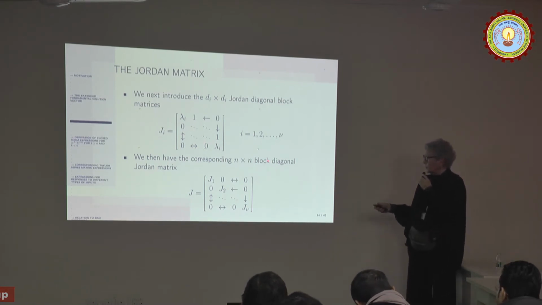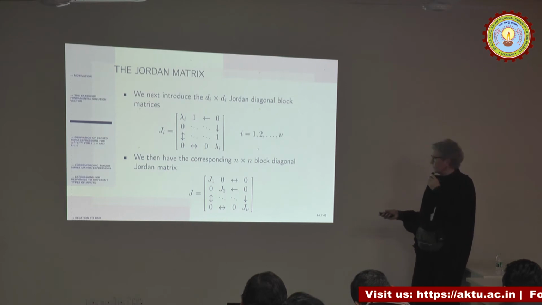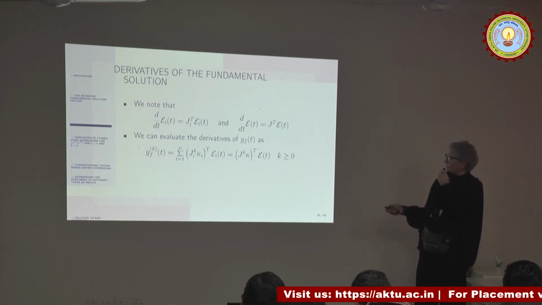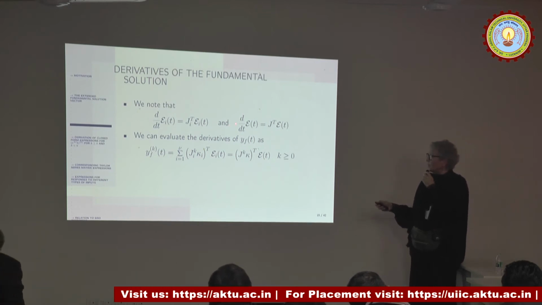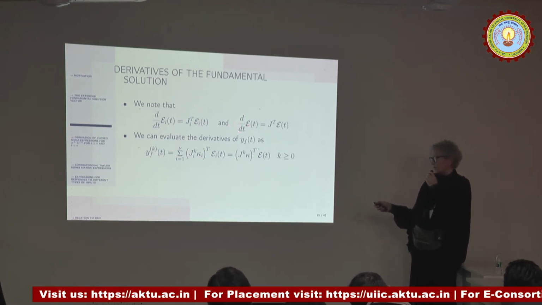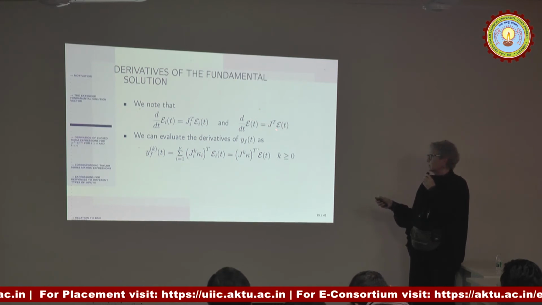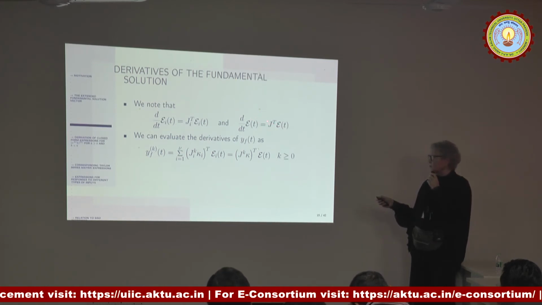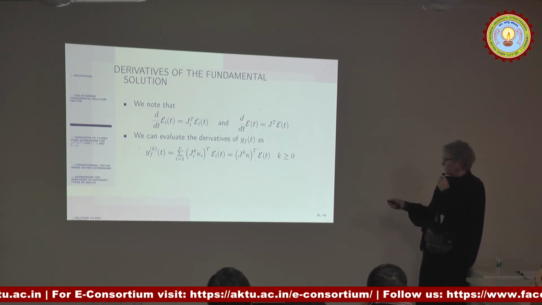And then the corresponding n times n block diagonal Jordan matrix looks like that. We note that the derivative of the entire exponent vector is this Jordan matrix transposed times E of t. So very simple to compute the derivative.